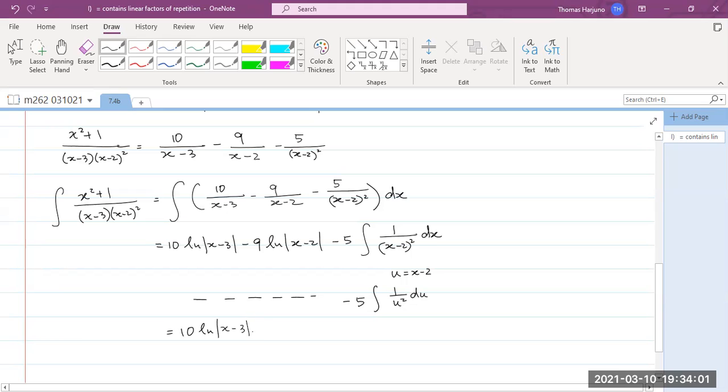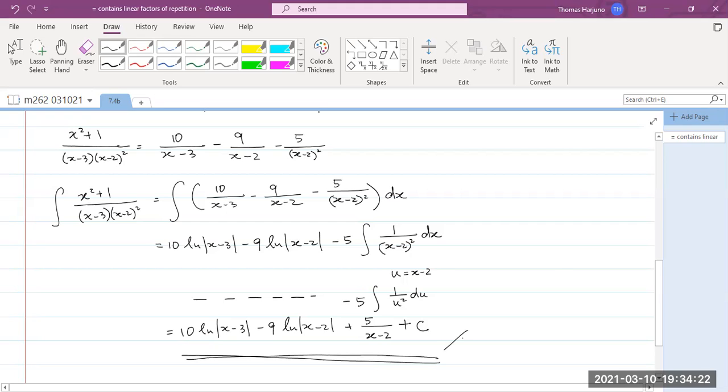That's right. So that's plus 5 over x minus 2. Don't forget plus constant, just to make Thomas happy. It's an indefinite integral, so it's supposed to be plus constant.